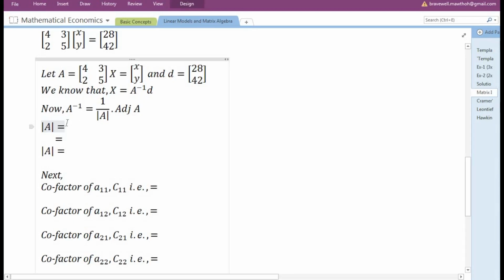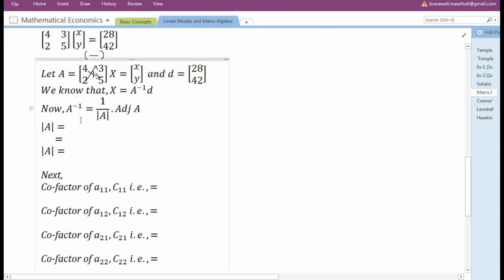So let us find the determinant of A. It is a second order determinant. We have to cross multiply 4 times 5, there's a minus sign in between, 2 times 3.